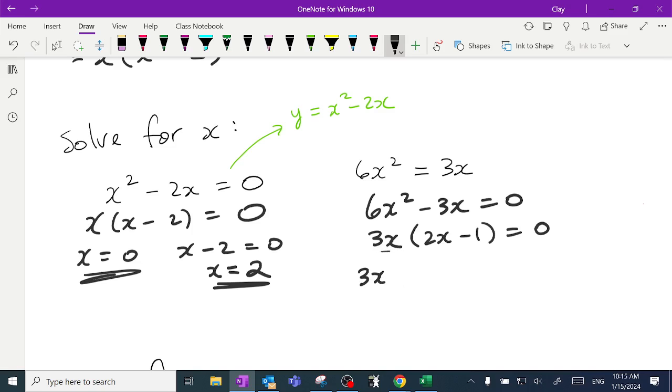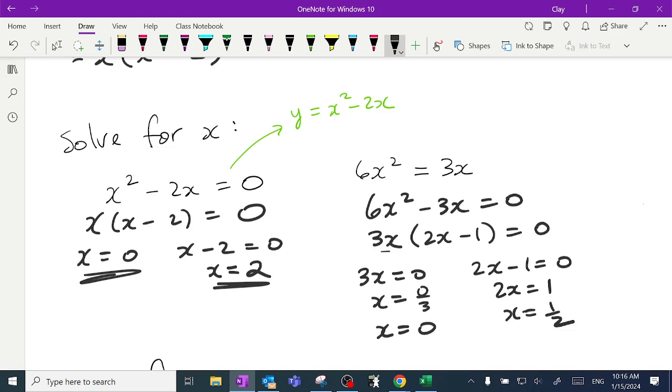Well, if 3x equals 0, x must be 0 divided by 3, which is still 0, right? 0 divided by anything except 0 is always 0. And this one's a little harder. What if 2x minus 1 is 0? Okay, well, then I'd add 1 to both sides. I divide both sides by 2, and I get a half.